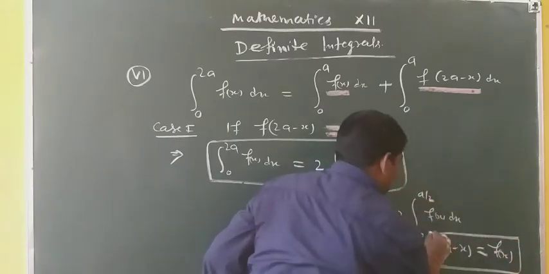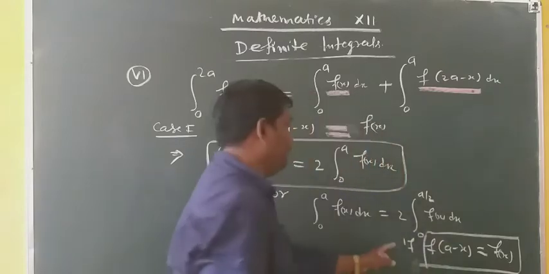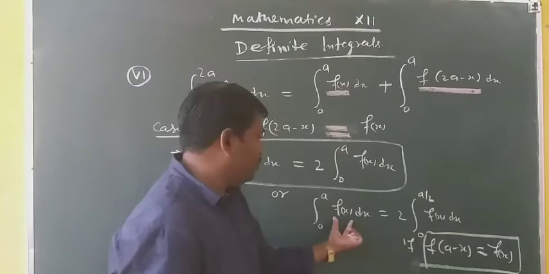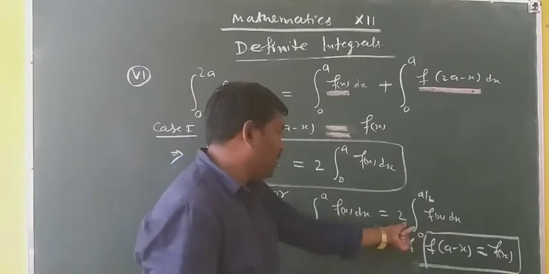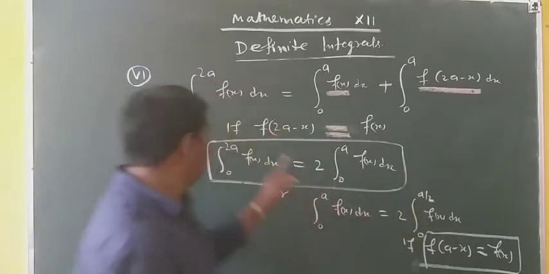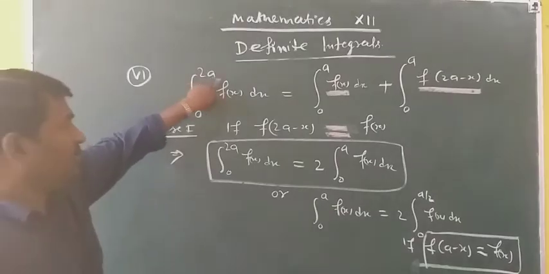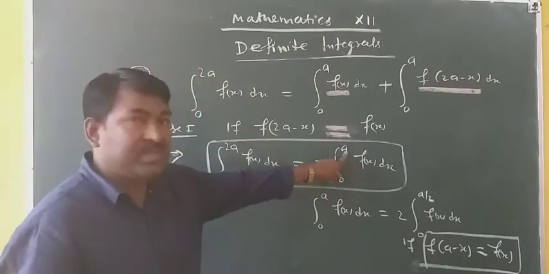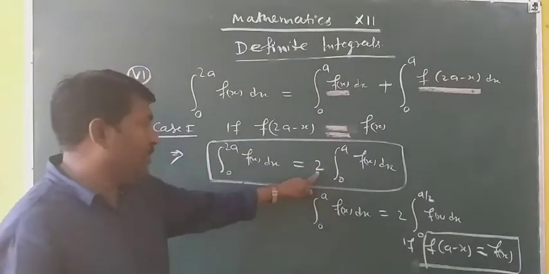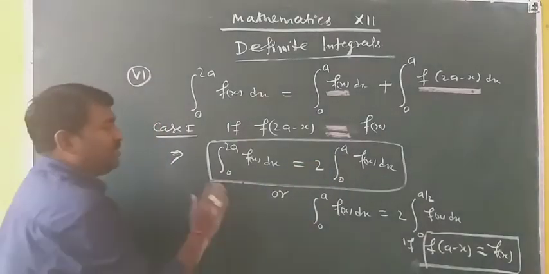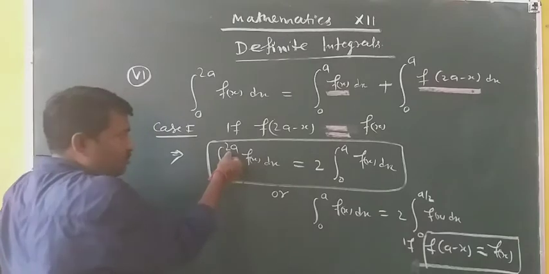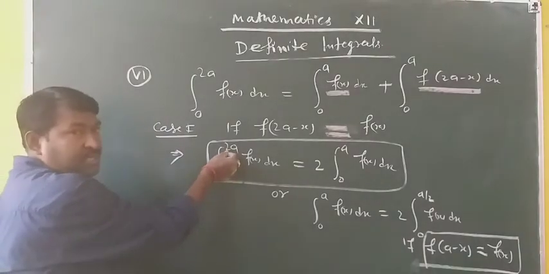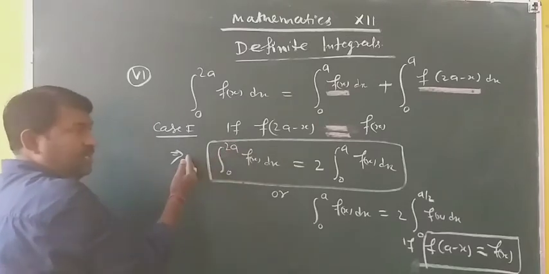With this condition, you can write this whole function as 2 outside and the limit half. Just see, here it was 2a, so the limit became 2a by 2, meaning a, and 2 came out. So whatever the coefficient is in the upper limit, can you take it out?